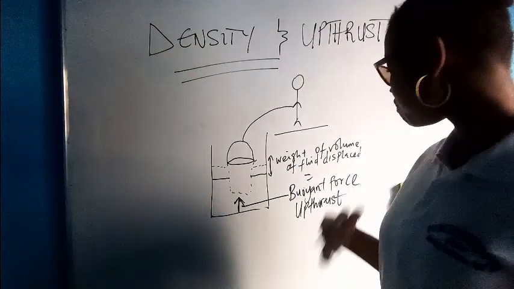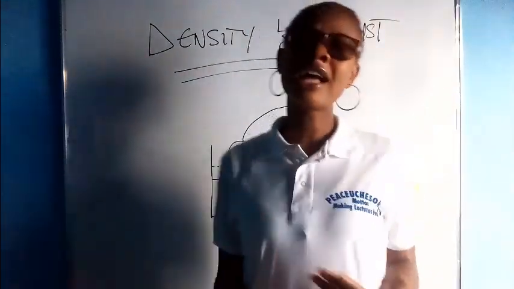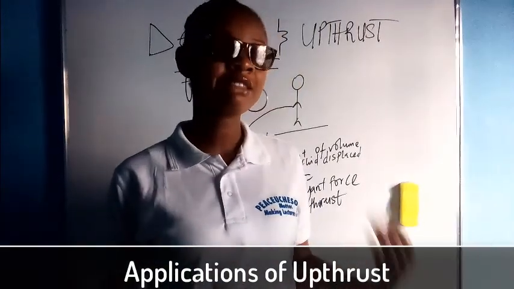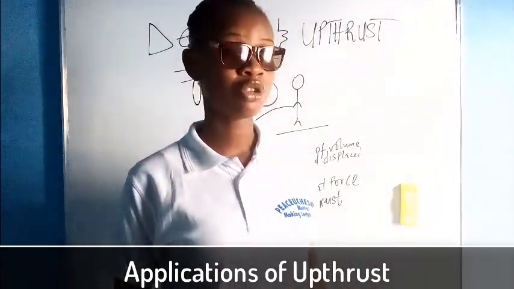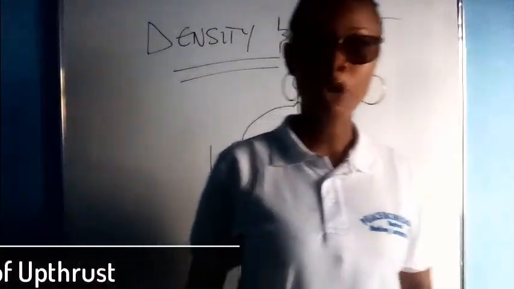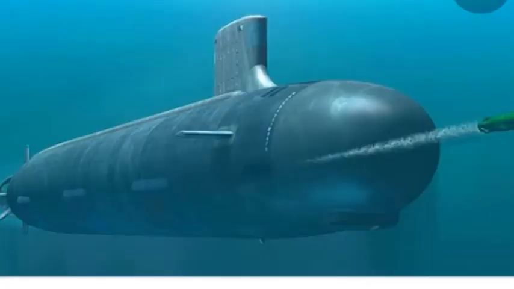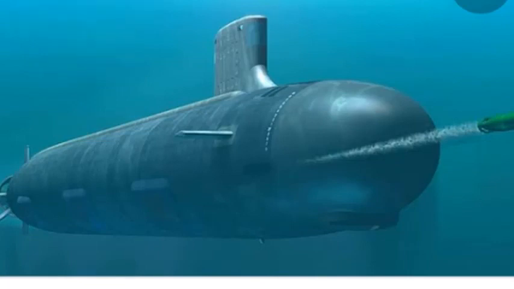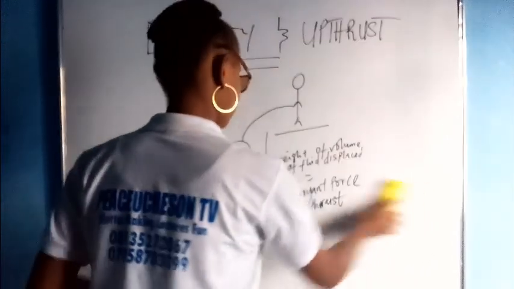Okay, so are there applications that could give us a better understanding of what Upthrust is all about with regards to Archimedes' principle? Of course, the submarine. The submarine makes use of this principle. It has a ballast tank that gets filled with water.